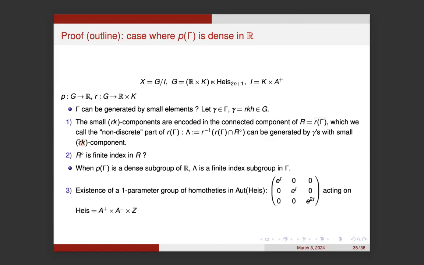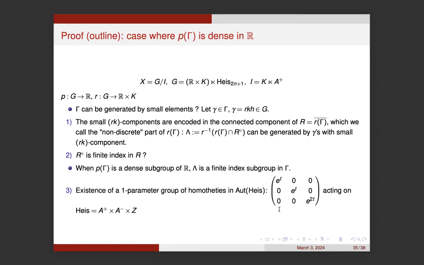For the H component, I use the fact that the Heisenberg group has a one-parameter group of homotheties. Just like in R^n, where I have homotheties which transform big sets to small sets contained near the identity. In the Heisenberg group, I also have automorphisms which act as homotheties, which transform big elements into small elements.